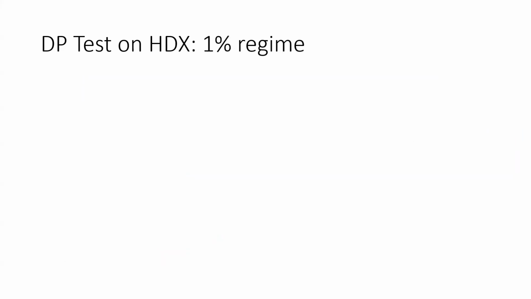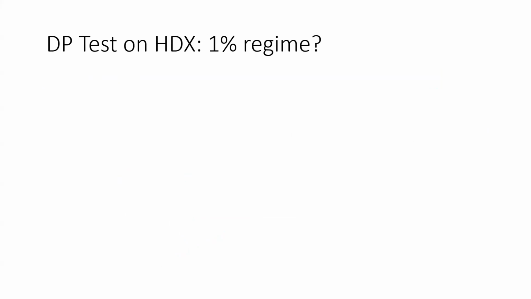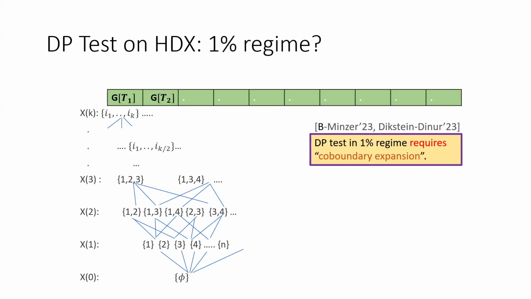Okay. So they conjectured that there are HDXs which are sparse, and the direct product test on X^k has small error, which is any small constant like 0.01. What we showed, also with Dikstein and Dinur, is that for this direct product test in the 1% regime, local spectral expansion is not enough.